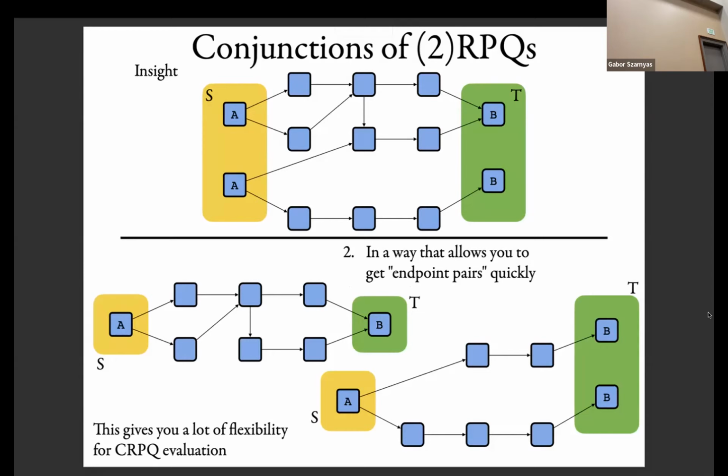Here you immediately know which node on the right corresponds to this node on the left, and on the bottom the same. But this comes at a trade-off. Going from the top kind of representation to the bottom kind of representation can cost you, in the worst case, quadratic time. So we're thinking about in which cases you can avoid this when evaluating CRPQs.